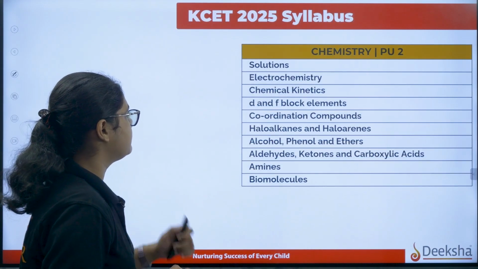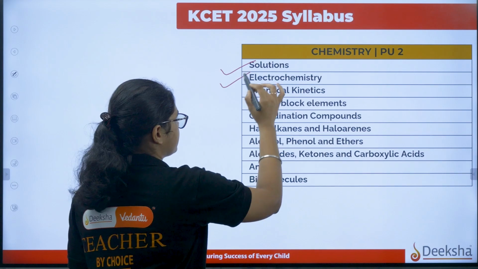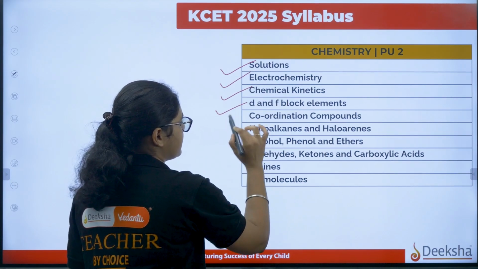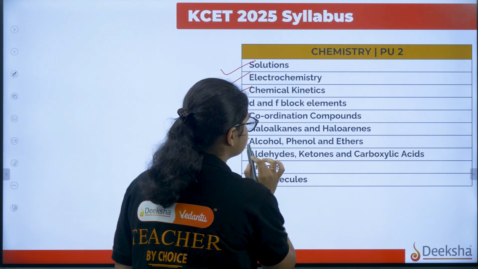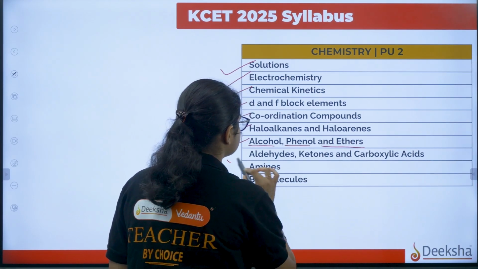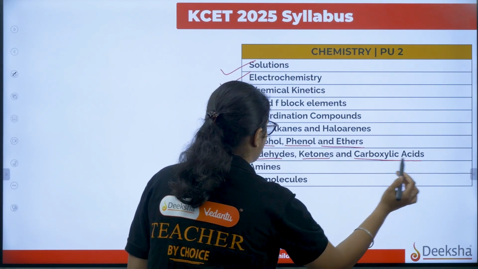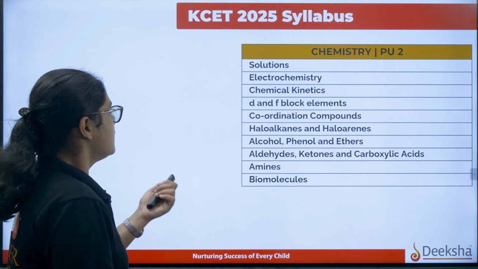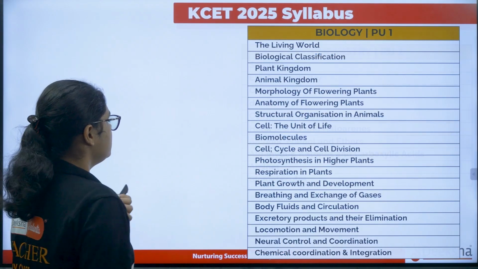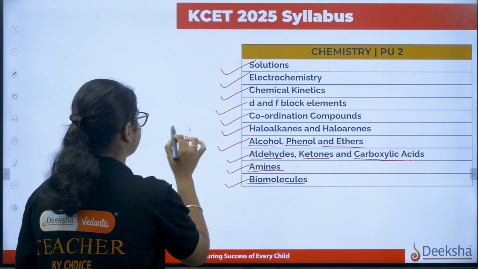Coming to the second PU, you have solutions, electrochemistry, chemical kinetics, d and f block, coordination compounds, haloalkanes and haloarenes, alcohols, phenols and ethers, then you have aldehydes, ketones and carboxylic acids, you have amines, and you have biomolecules. So around 19 chapters you have in chemistry.